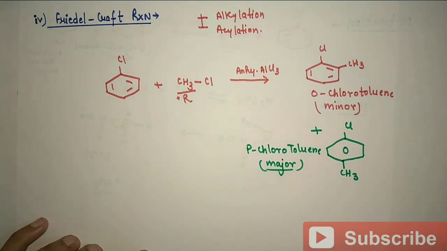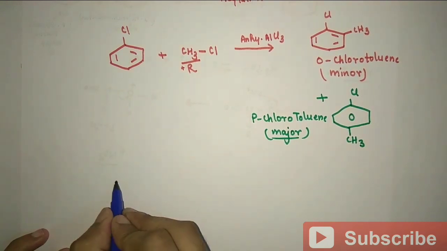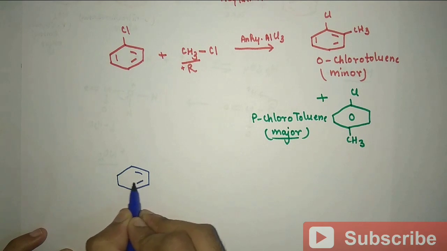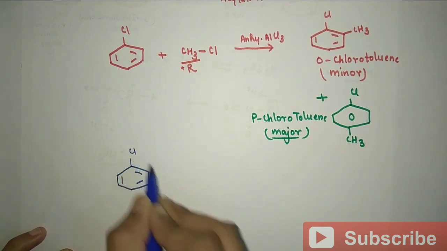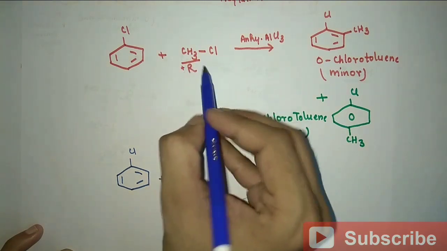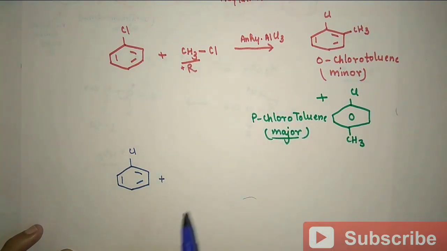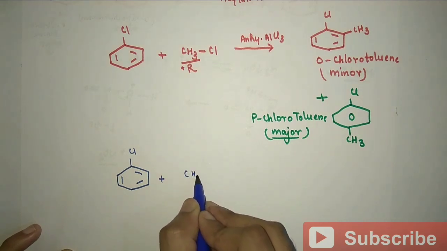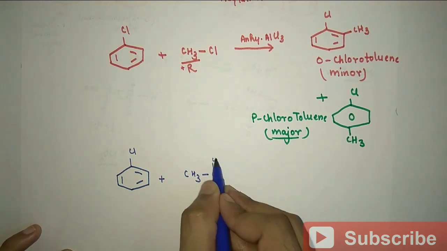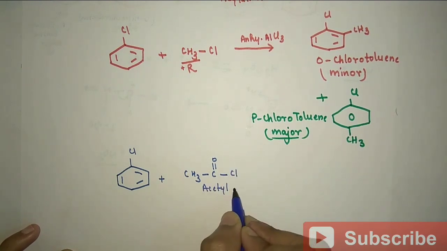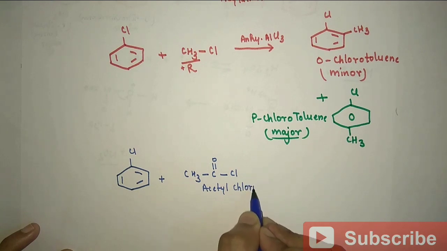Now let's see what is Friedel-Crafts acylation. In case of acylation, this is our chlorobenzene, let's say, and in case of acylation we take acyl chloride in place of alkyl halide. So we take acyl halide, that is CH3COCl, this is our acetyl chloride.